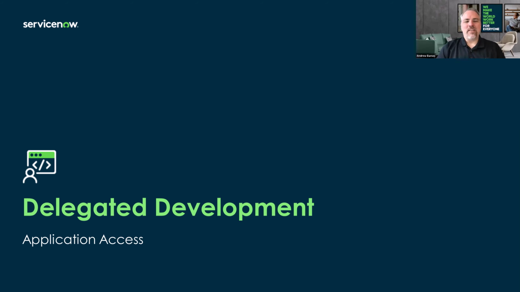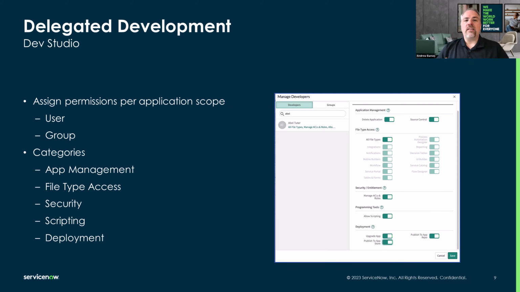Thank you, Lisa. So yeah, I'm going to talk about that bottom layer first. So we're going to talk about how you gain access to these tools in the platform and how you can get granular access. So we're going to talk about delegated development today. Delegated development is an ability for you to grant users and groups granular access on a scope by scope basis to different parts of the application building arena.